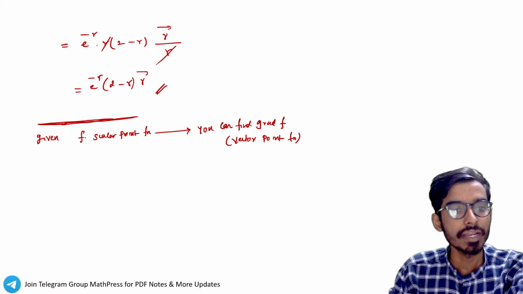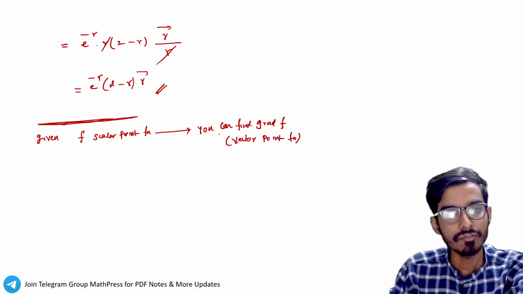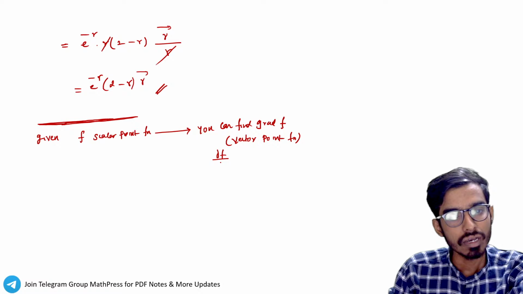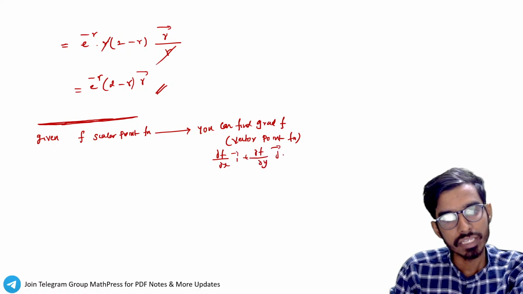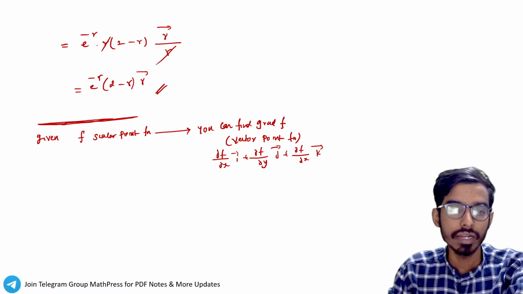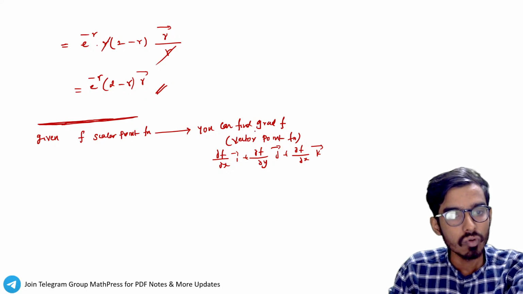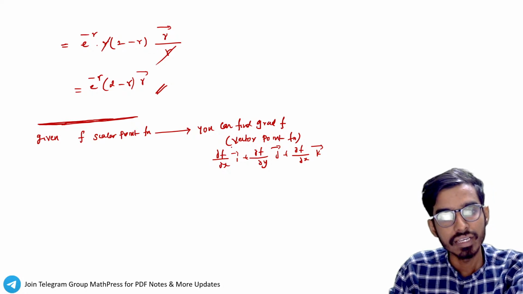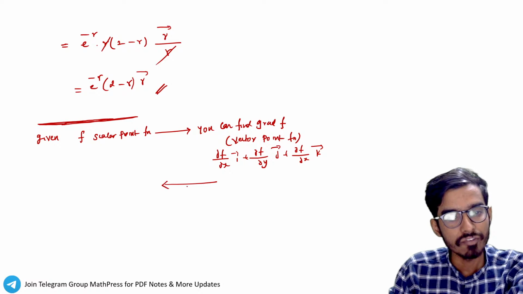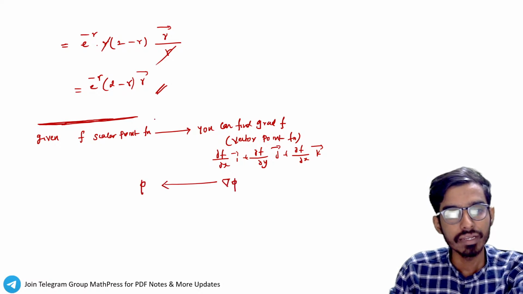So given a scalar point function f, you can find the gradient of f using the formula ∂f/∂x i vector, ∂f/∂y j vector, ∂f/∂z k vector, right? So given a scalar point function, you can find the gradient of f. Now, given a vector point function, given a gradient function, can you find the given f? That is, they will give del phi, you need to find phi, right?